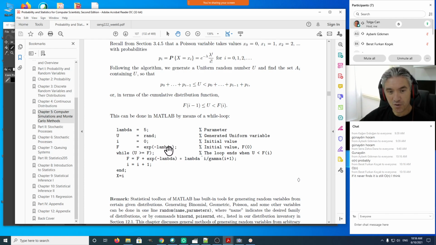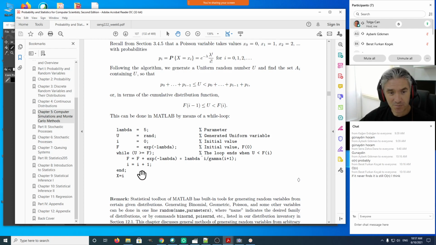If the u variable that we generated is less than that, we can generate the value 0 for that Poisson variable. That's exactly what we do. If u is less than this computed f, it is in that very first interval, so we don't go into the while loop. We just end and say x is equal to 0. That's our generated random variable that we will be using beyond this point.